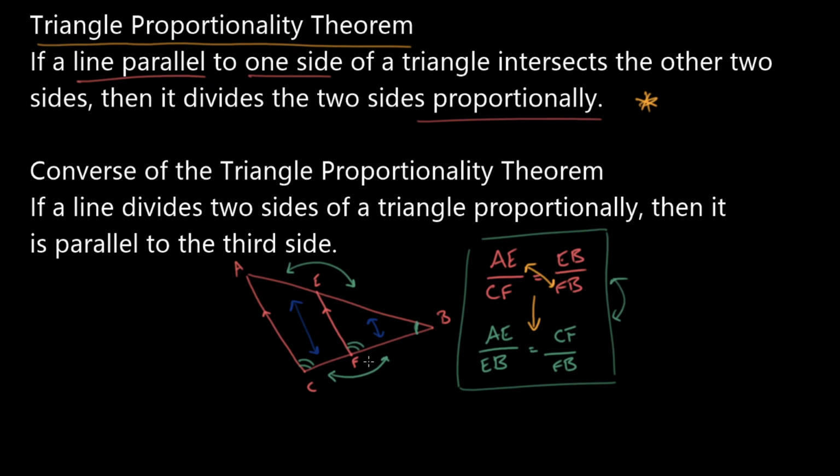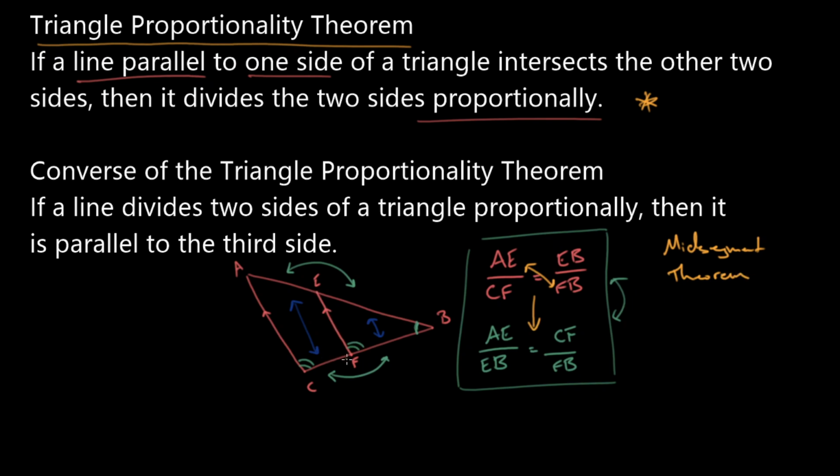Now, one thing that may have been jogged in your memory here is that we've seen something very similar to this before. We've actually seen a specific case, which is the mid-segment theorem. The mid-segment theorem is just a specific example.